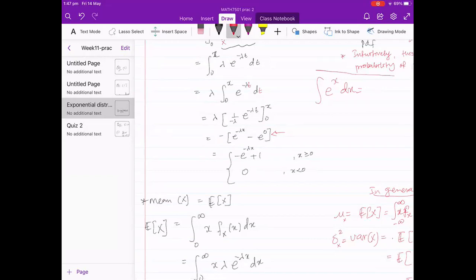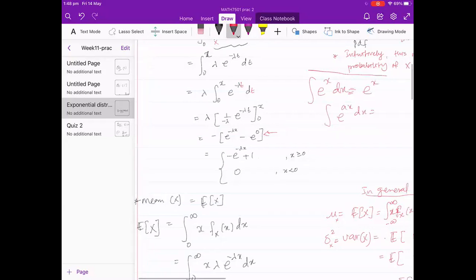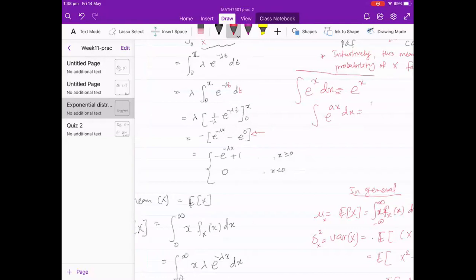What's the integral of e to the x with respect to x? Should be e to the x. What's the integral of e to the ax? That's 1 over a times e to the ax. Okay.